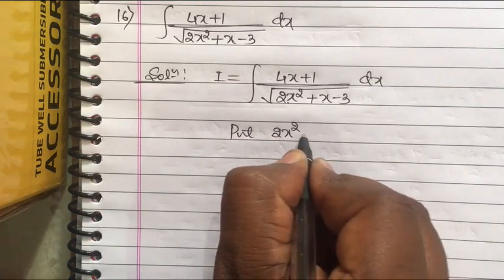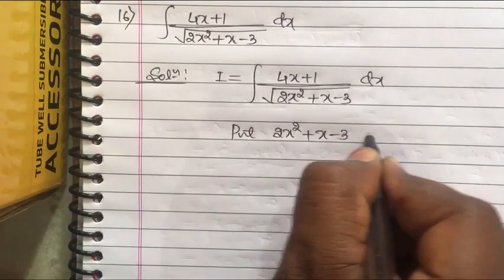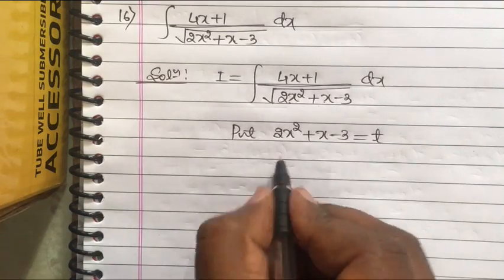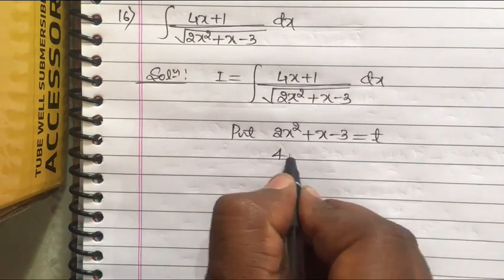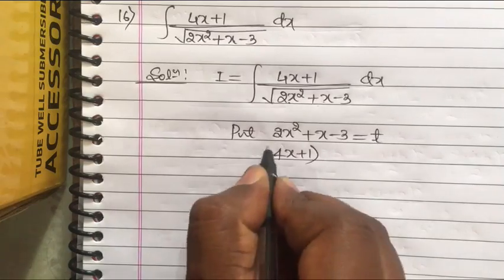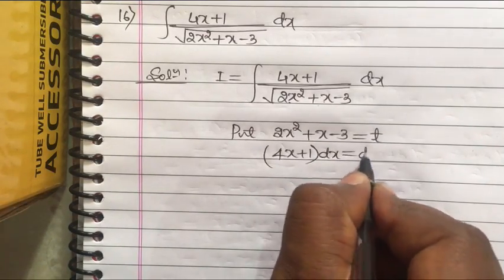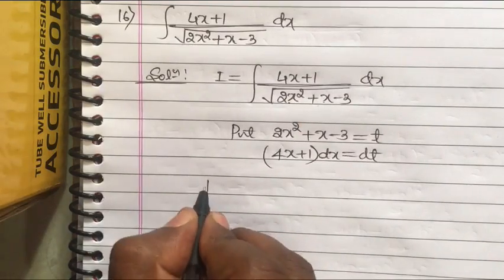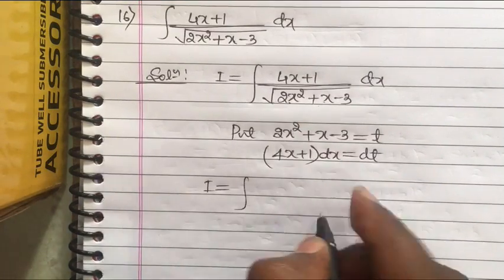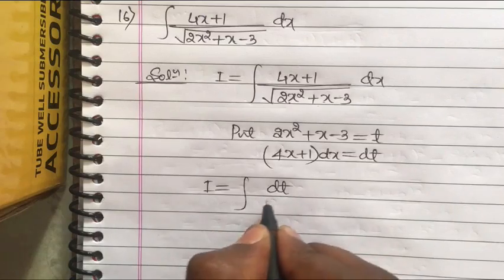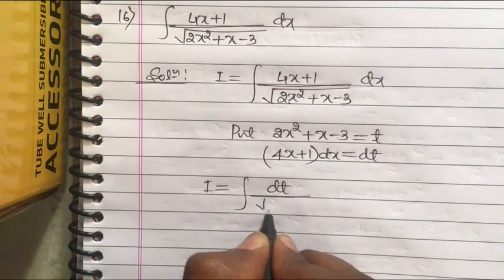2x square plus x minus 3 which is equal to t. Then the derivative of this will give us 4x plus 1 which is equal to dt by dx. I take dx to the LHS. Let us rewrite this now. I is equal to integral dt upon root t.